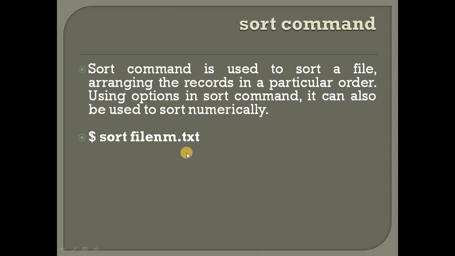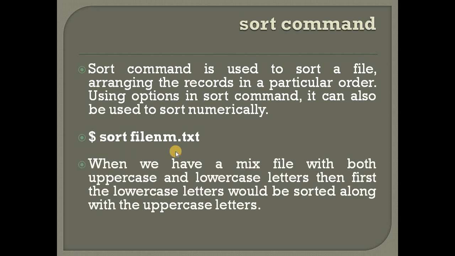The sort command sorts the contents of a text file line by line. We have to just specify the file name with the sort command. When we have a mixed file with both uppercase and lowercase letters, then first the lowercase letters would be sorted, followed by the uppercase letters.